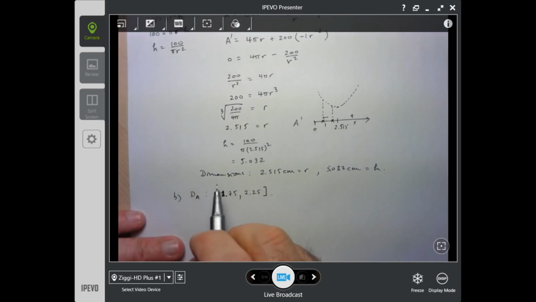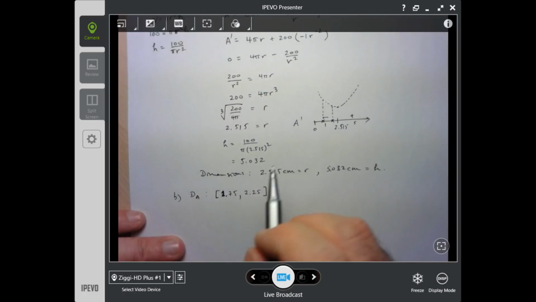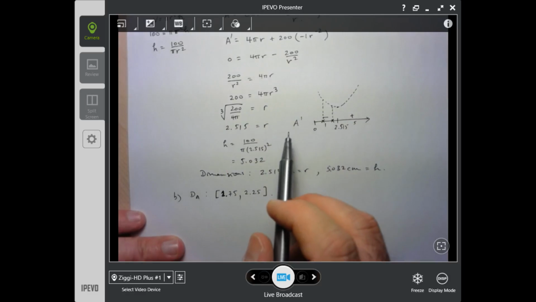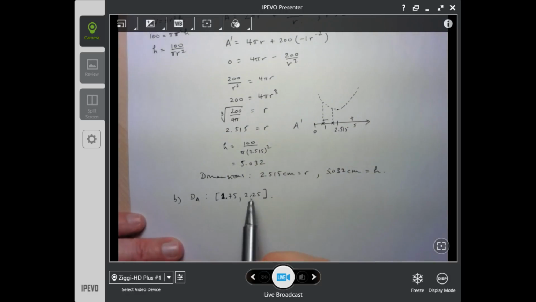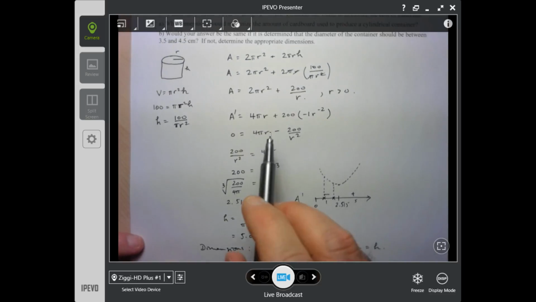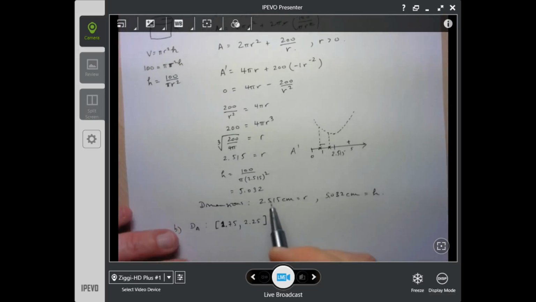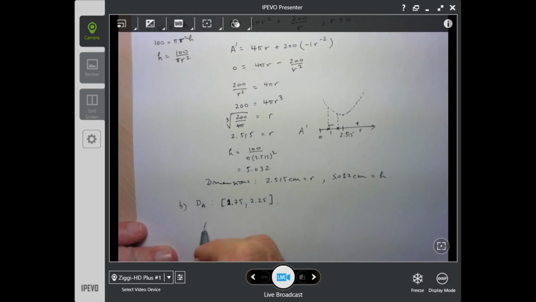Now, if you don't notice this argument, and this is because we happen to have already done this work, the other option is to just take these two values and throw them into the area formula and check. So let's just do it for the fun of it, just to make sure that this all makes sense. I'm going to take the area at 1.75.